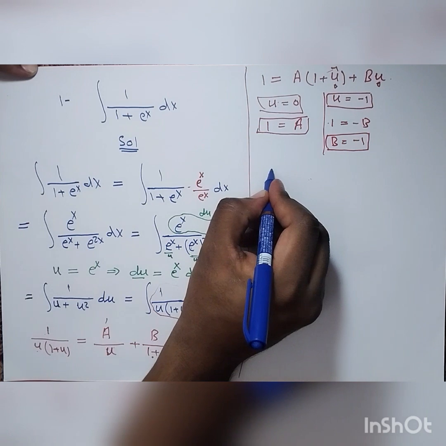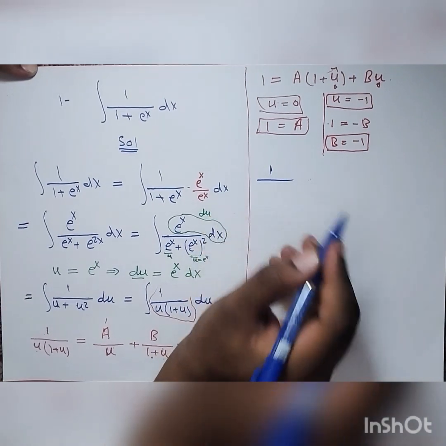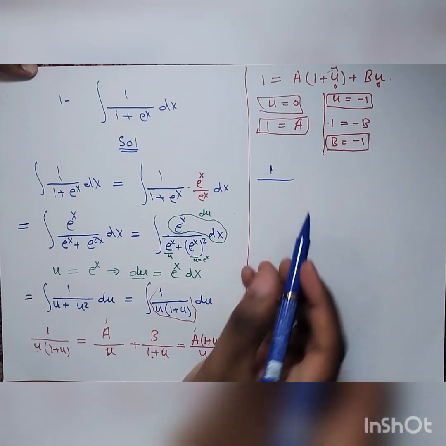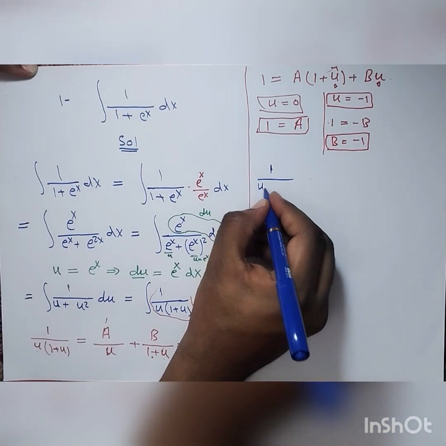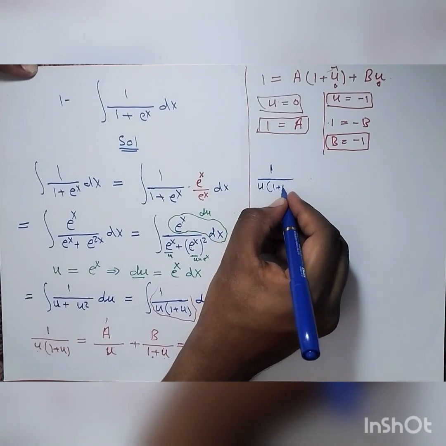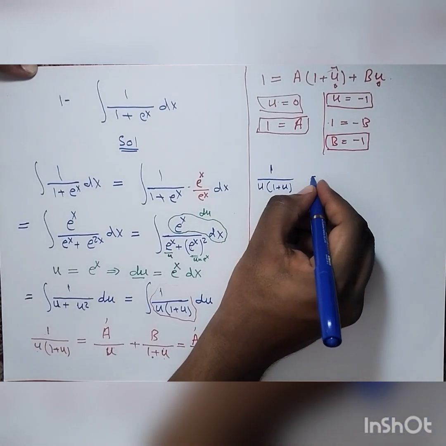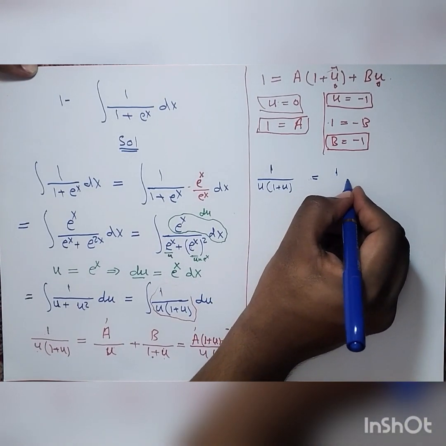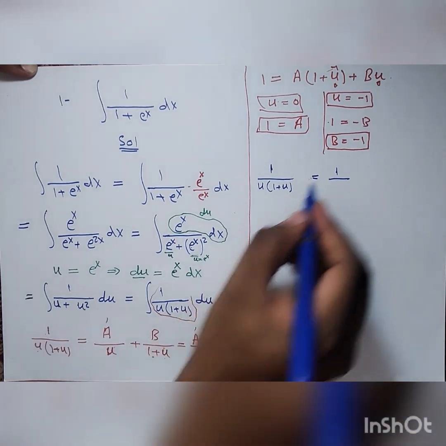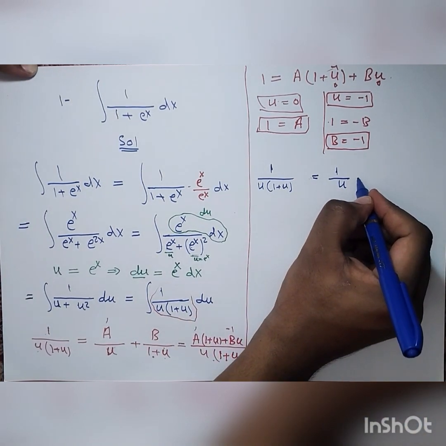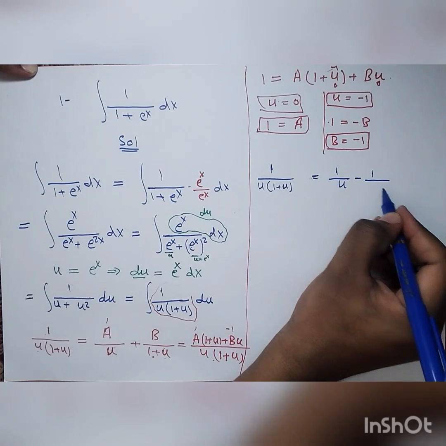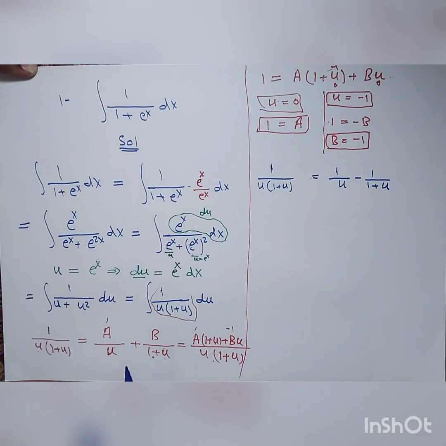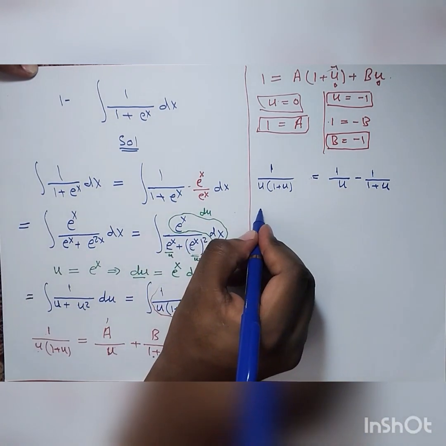Now we know that 1 divided by u times (1 plus u) is equal to 1 divided by u, since a is 1, and then b is negative 1, that means minus 1 divided by 1 plus u. And now we can integrate both sides.